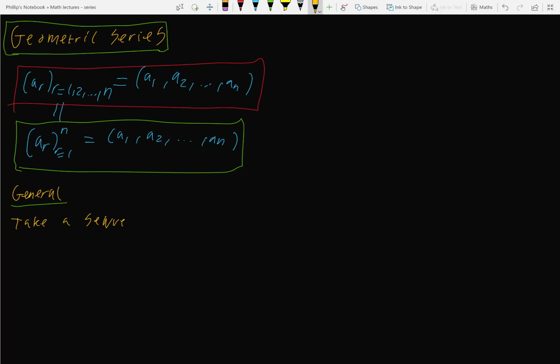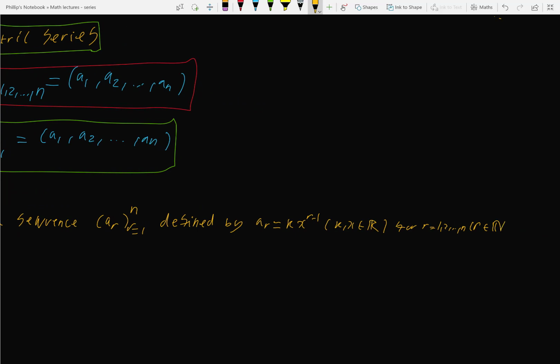Sometimes I refer to these as AR because I can't be bothered to say underscore, but take a sequence a underscore r from r is equal to 1 to n defined by a underscore r is equal to k times x to the r minus 1, for k and x real numbers, and for r is equal to 1 to n, and obviously r is also a positive integer, so that's a member of the natural numbers.